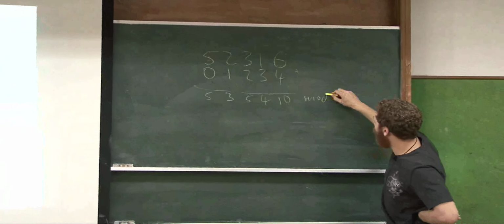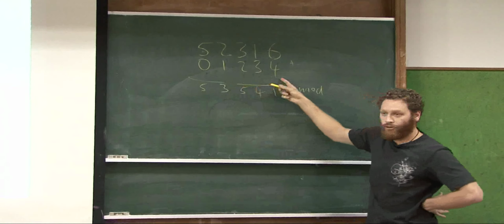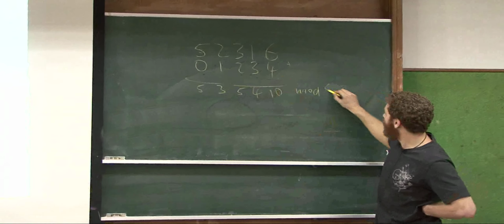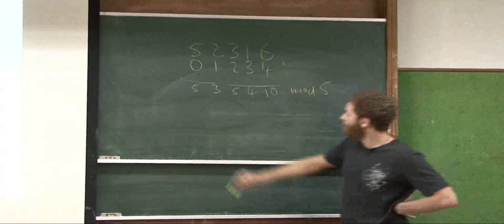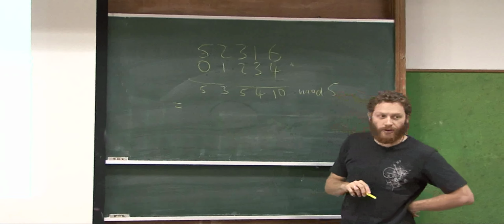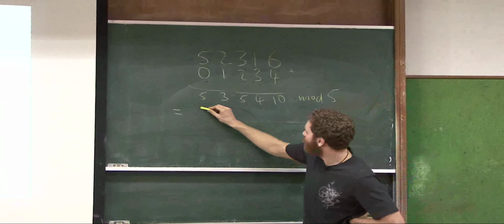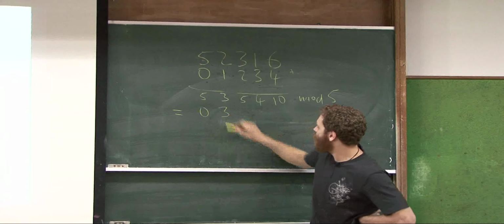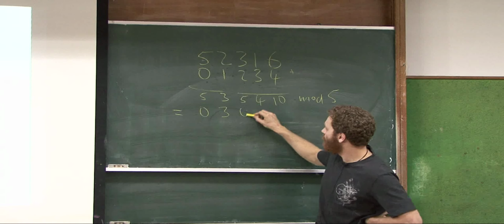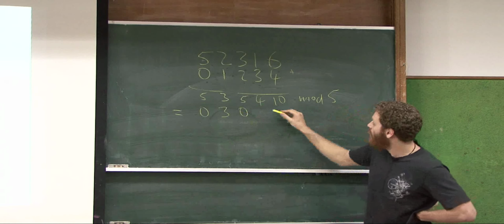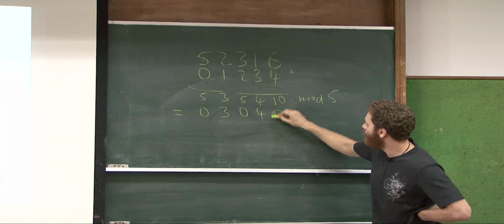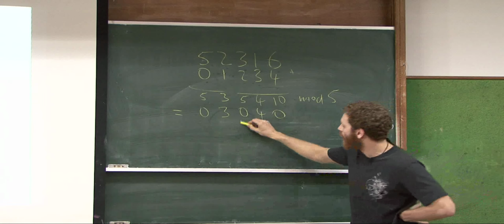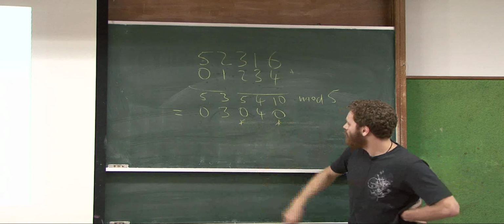Now I need to take it mod 5, since it's a string of length 5. There's a 0 there. That's a 3. That's also a 0, because it's a multiple of 5. 4, and that's also a 0. So it actually goes wrong in 2 places.